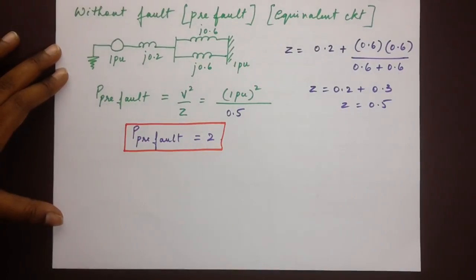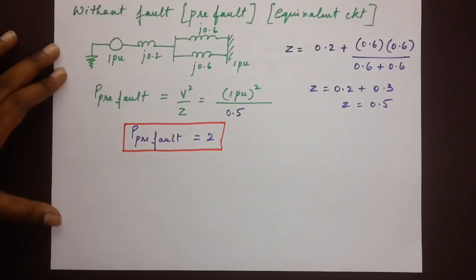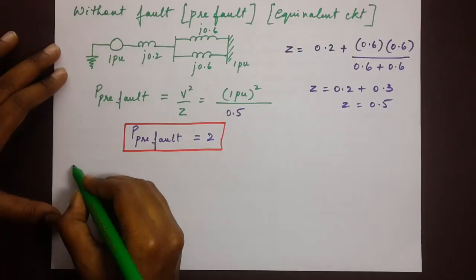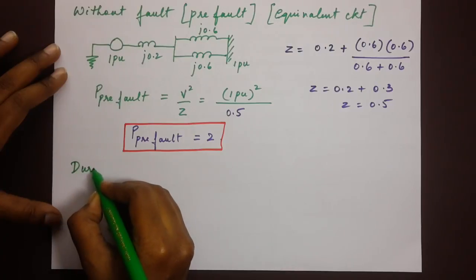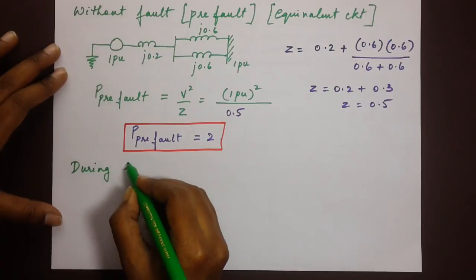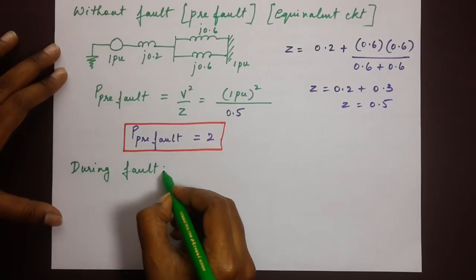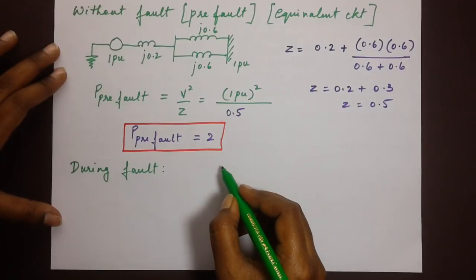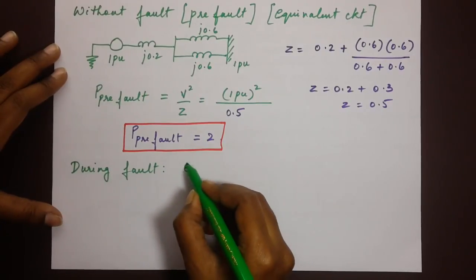Now the next part is to evaluate the circuit when the fault occurs. So this is with fault, or during fault. Second step, during fault. Now we'll draw the equivalent circuit.